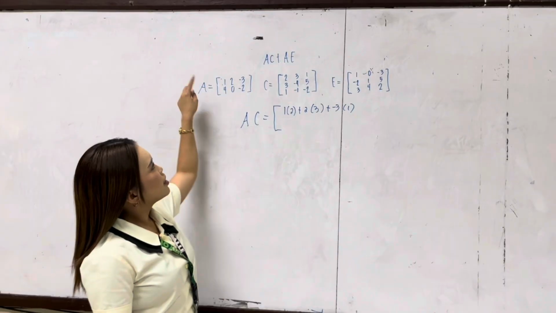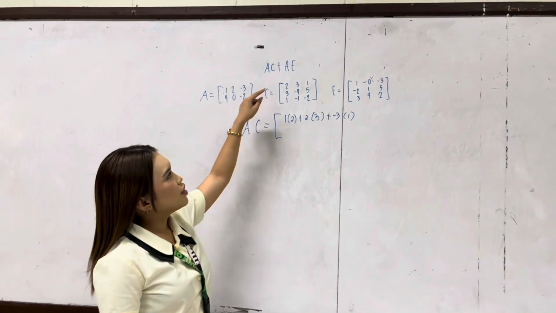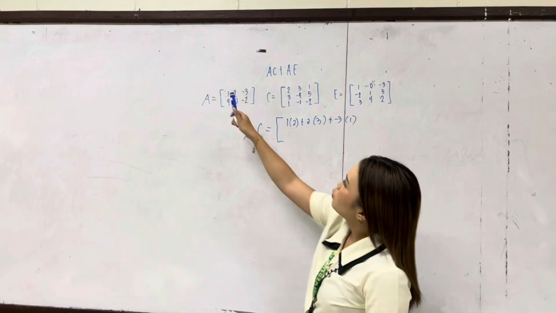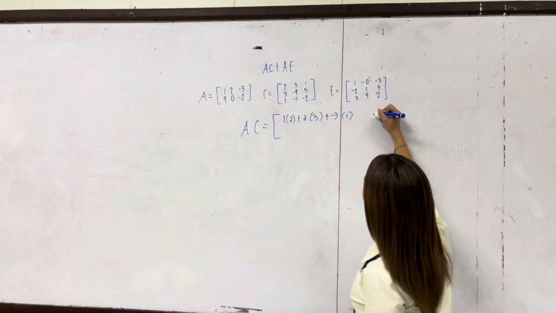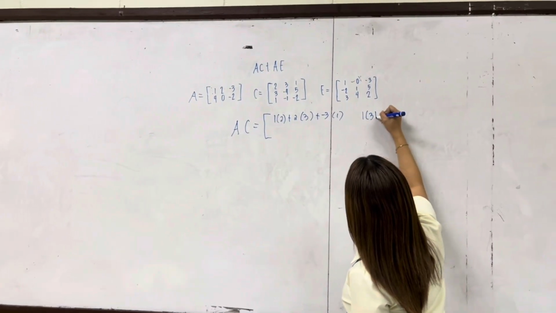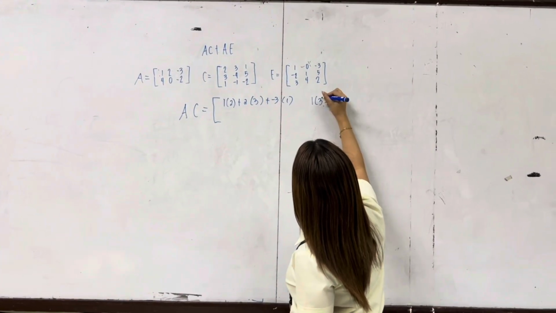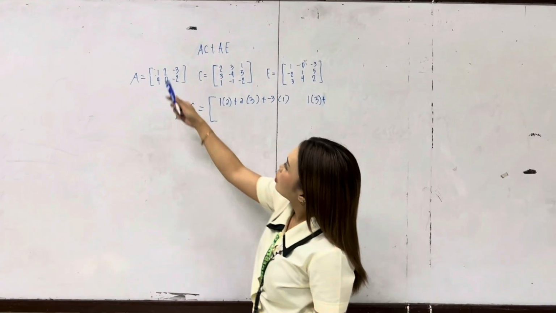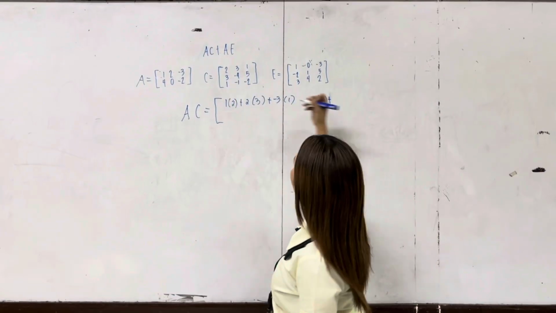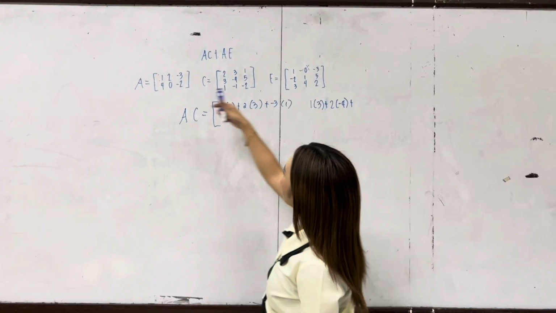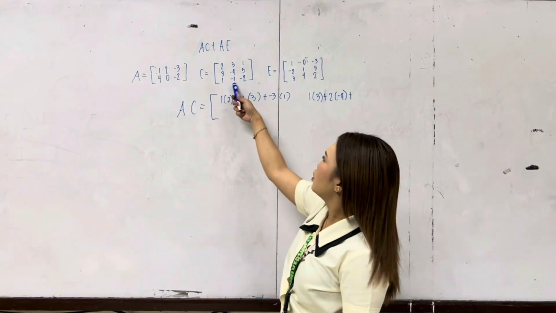Next step, let's take the first row of A to the second column of C. So 1 times 3 plus 2 times negative 4 plus negative 3 times negative 1.